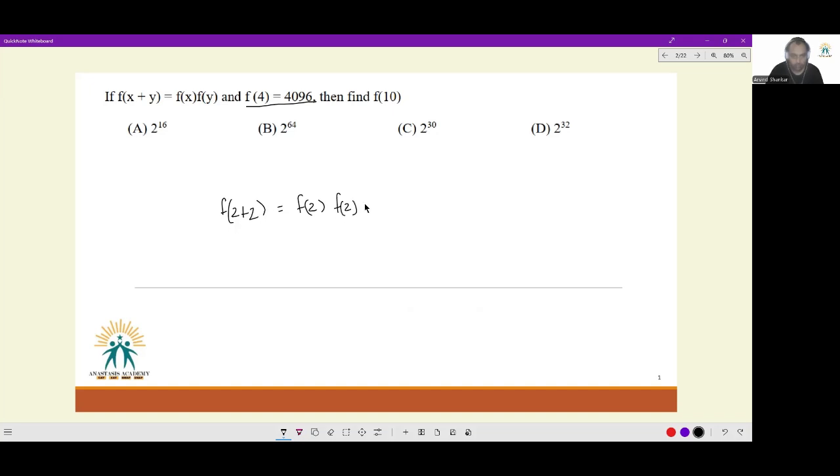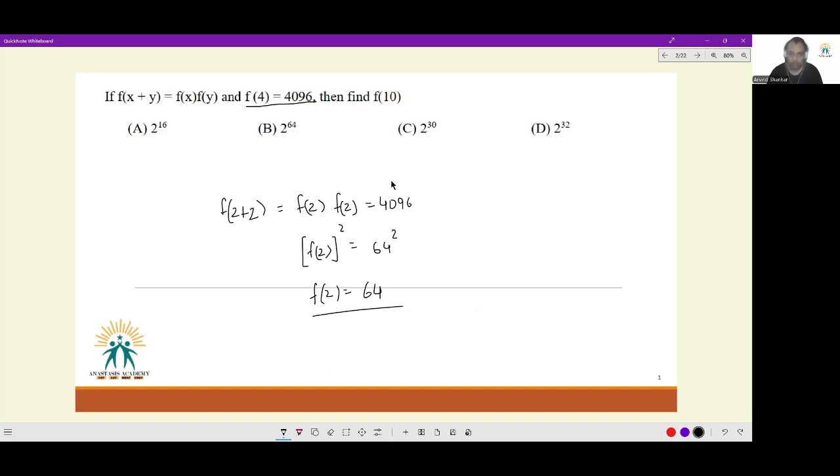We know this is f(4), which is equal to 4096, which tells us f(2) whole square is equal to 64 square, or f(2) is equal to 64. You can get to this.